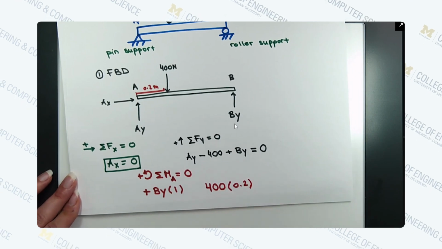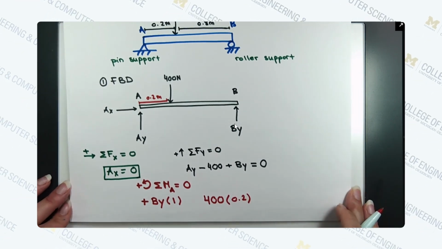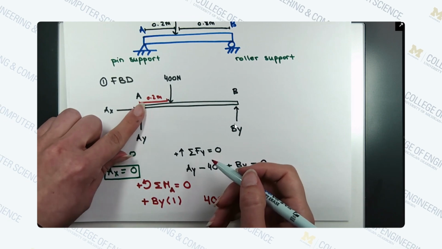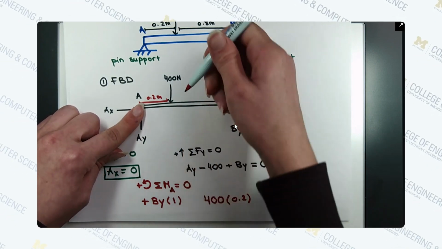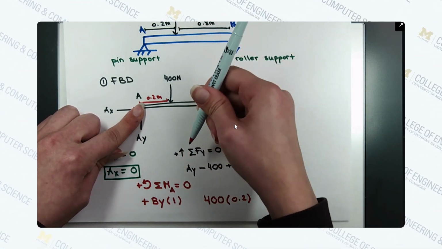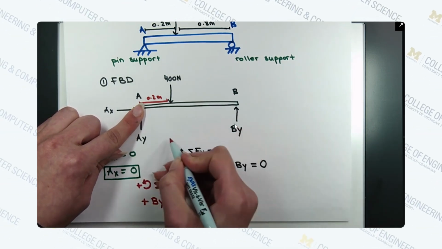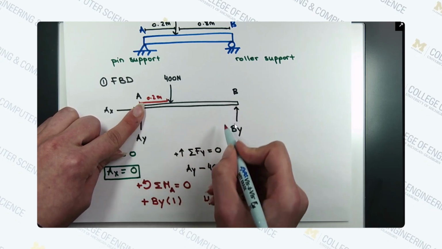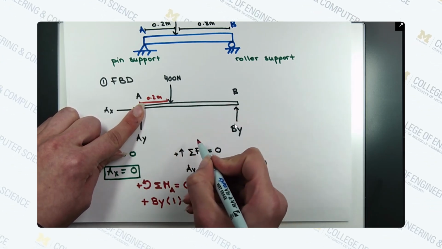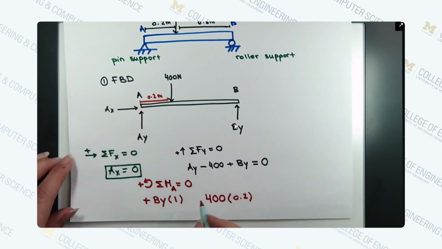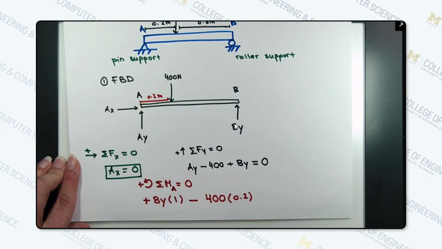Now we need to find if it is plus or minus. So again, let's imagine we're holding it right here at point A, and this force is pushing down on the beam. Clearly the beam is going to go in this direction. So if you complete the circle, we notice that it is going clockwise. Clockwise is negative, so we'll put a negative sign right here.